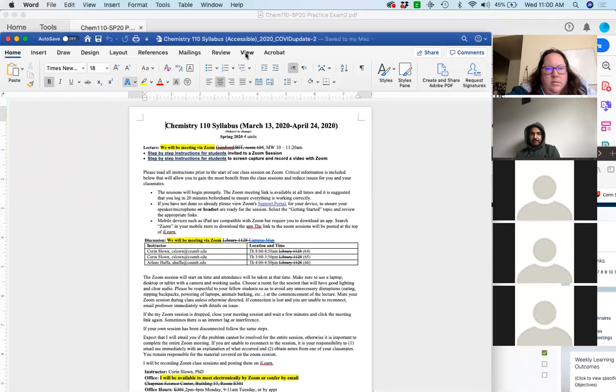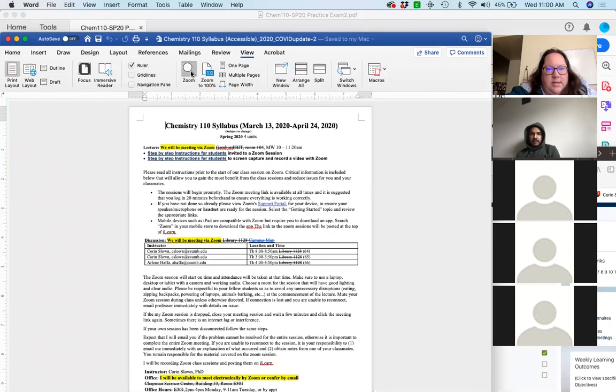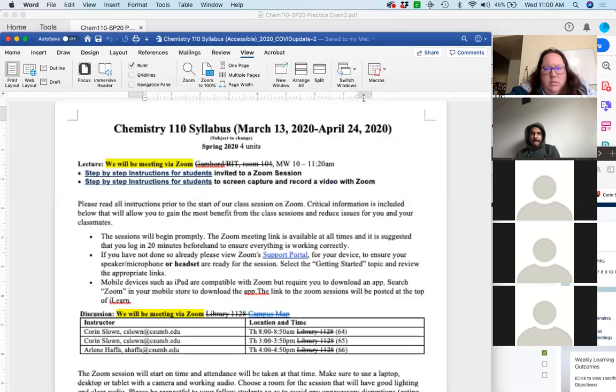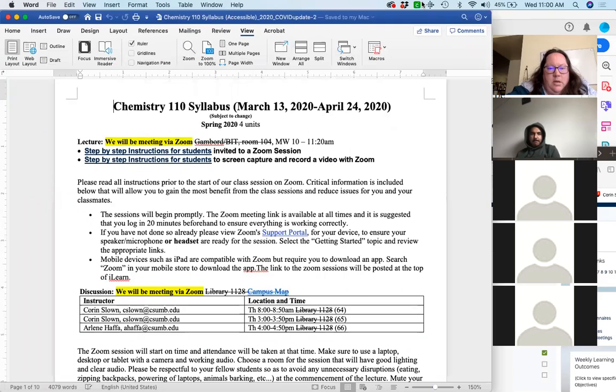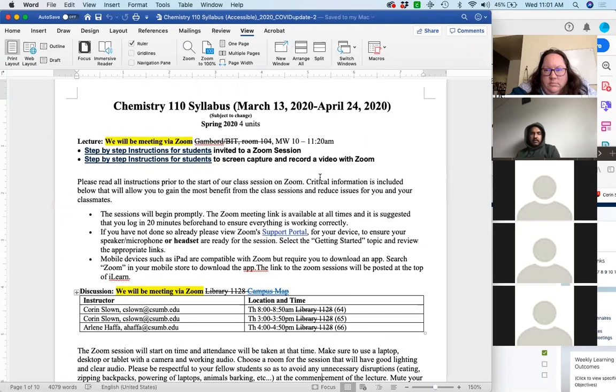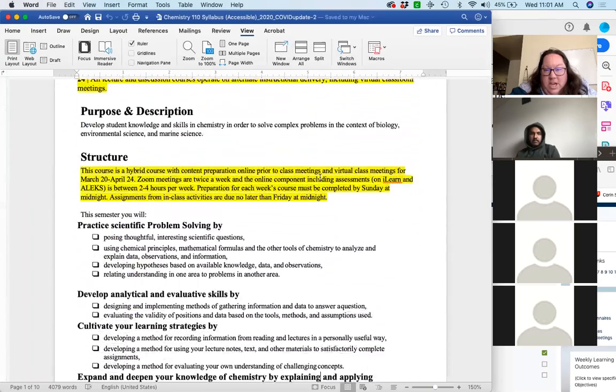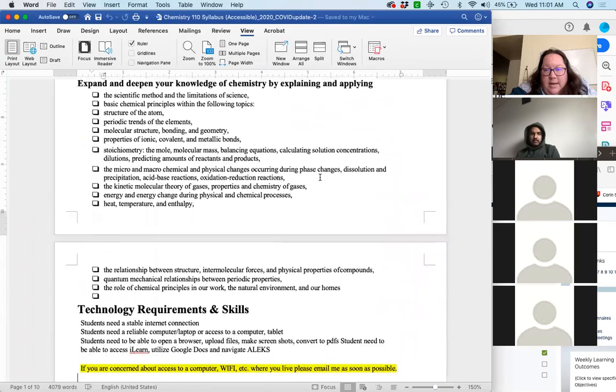So make it a little bit larger so everybody can see. Okay. So if we scroll all the way down, the changes to our course are highlighted in yellow.